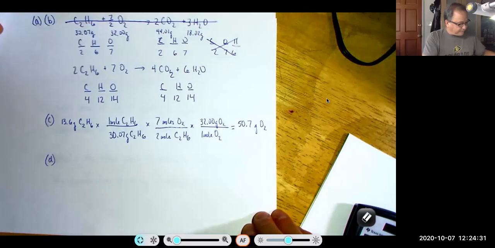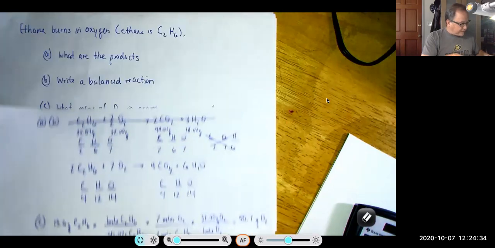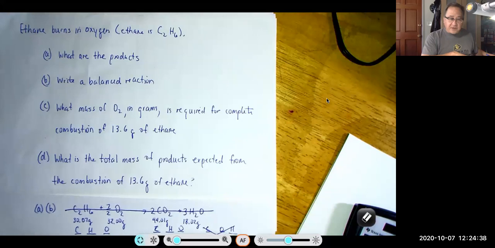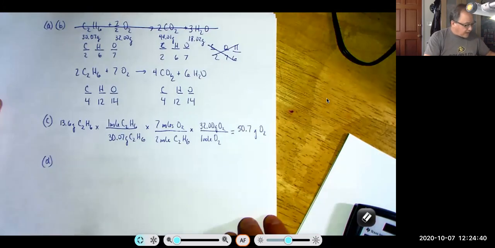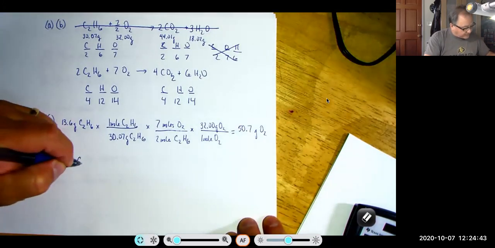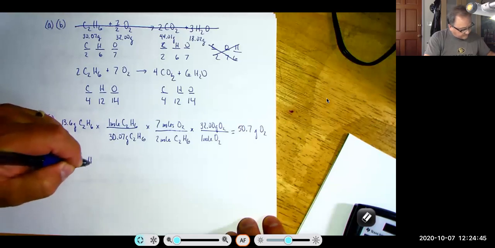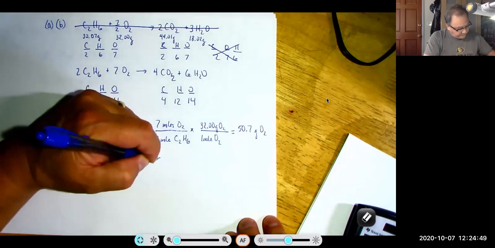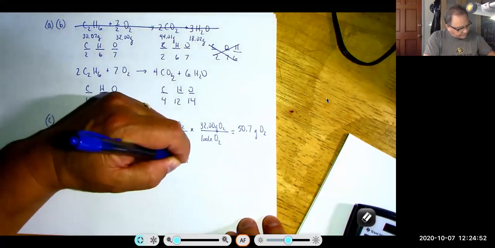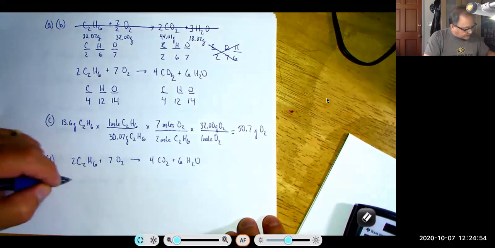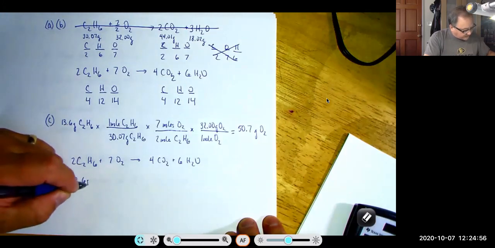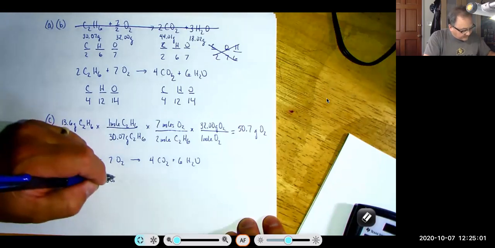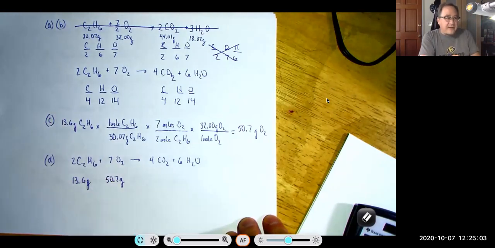Okay, excellent. So D is, what is the total mass of products expected from the combustion of 13.6 grams? So I'm going to rewrite the equation. We know that we reacted 13.6 grams of ethane, and we know that we need 50.7 grams here.